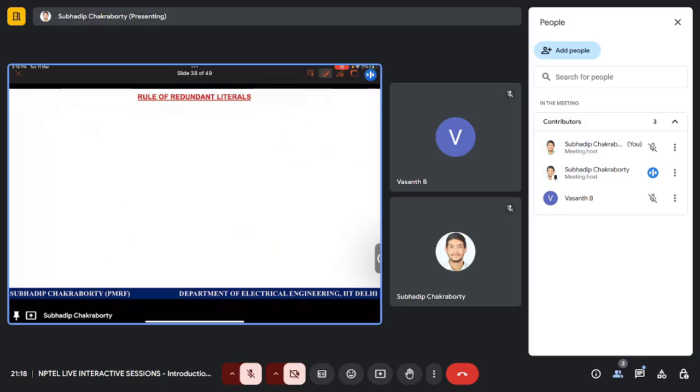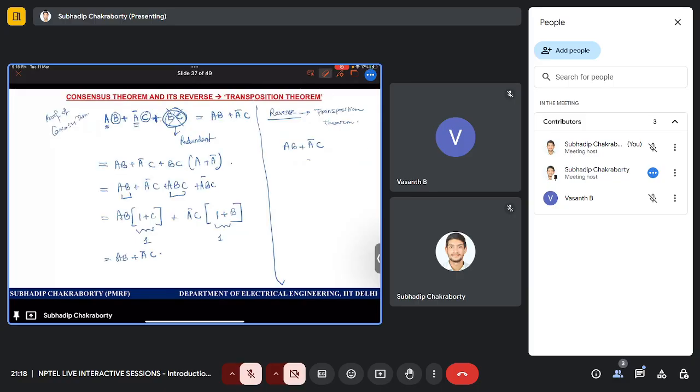So what the transposition theorem says here is A bar plus B into A plus C. This is what your transposition theorem says.